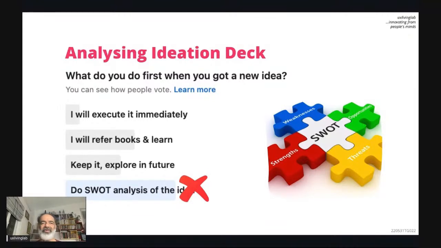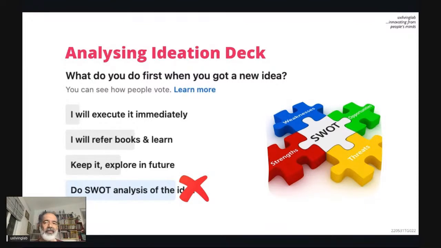That may not be agreeable to most people, because the majority of people say that you should do SWOT analysis. That is the weakness of the human mind. People think that I know a lot of things, so I am capable of doing it. I am more knowledgeable. Rethink what you are saying. At the moment when an idea comes to your mind, you are not knowledgeable on that idea.